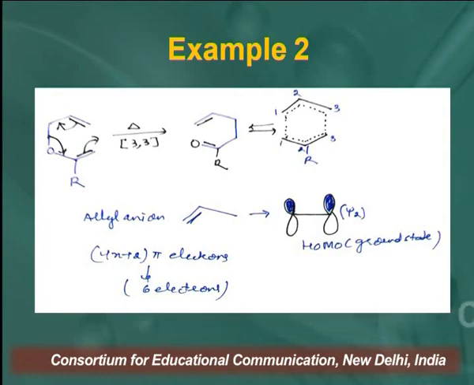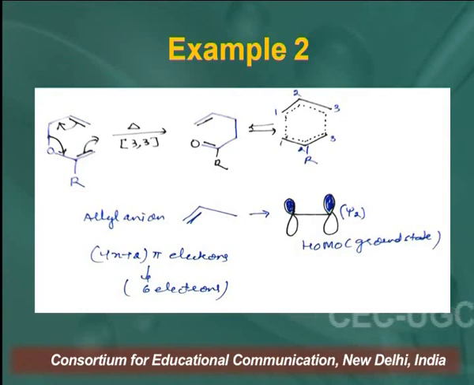Why is this thermally induced? As I told you, it takes energy when we heat, right? So this allyl anion, which is the HOMO and the ground state, has the same lobes. So it follows the 4n plus 2 pi electron system.